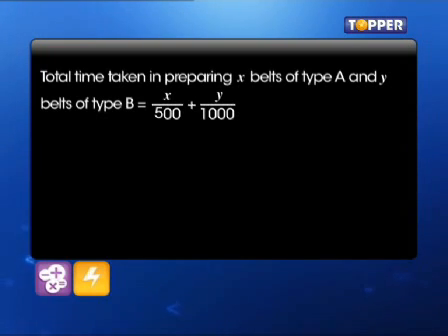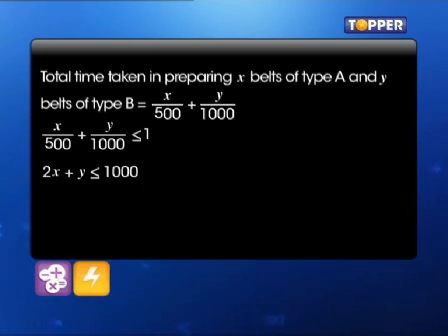Now, from our initial plan, the company manufactures x belts of type A and y belts of type B in a given day. Therefore, x over 500 plus y over 1000 is less than or equal to 1. In other words, 2x plus y is less than or equal to 1000.